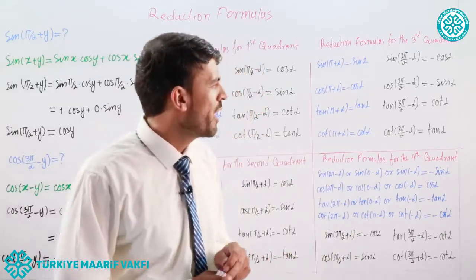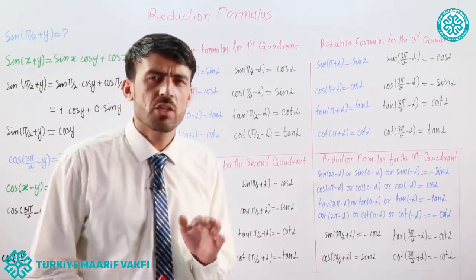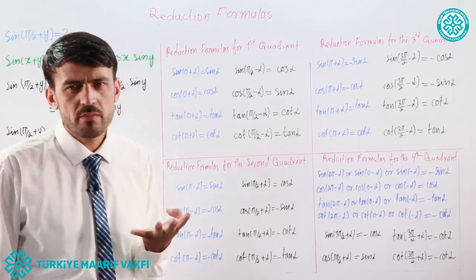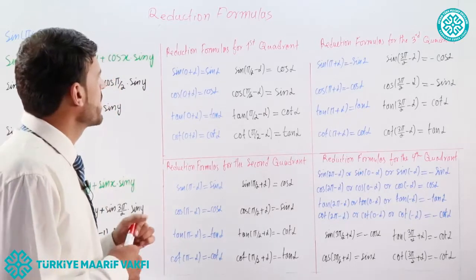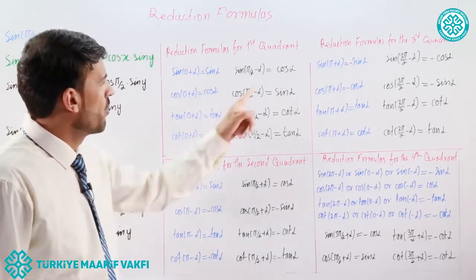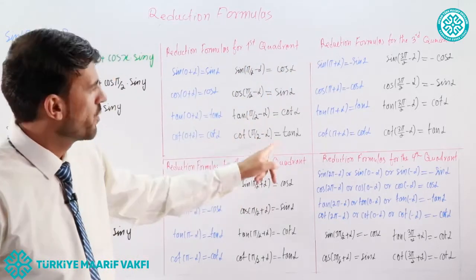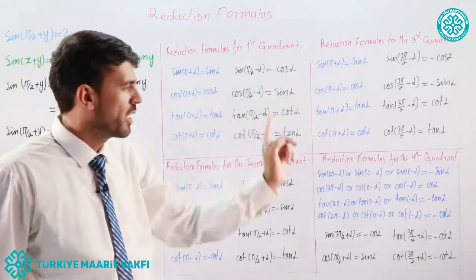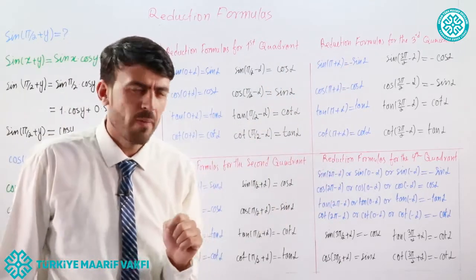We can find all the reduction formulas in 4 different quadrants. We can find the reduction formulas for the first quadrant, for the second quadrant, for the third quadrant, and also for the fourth quadrant.